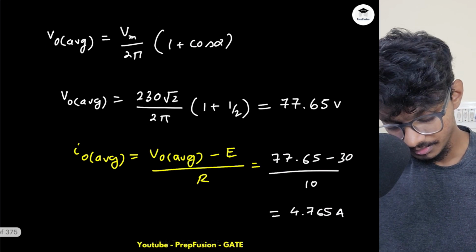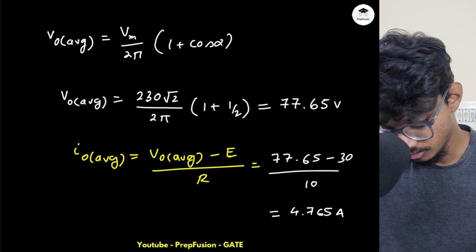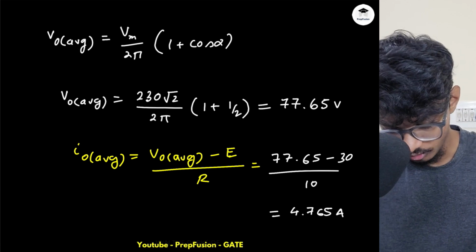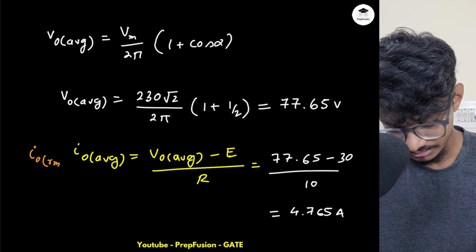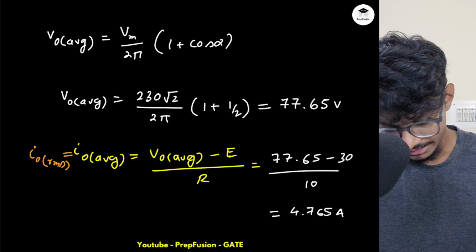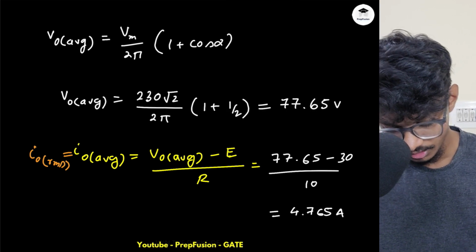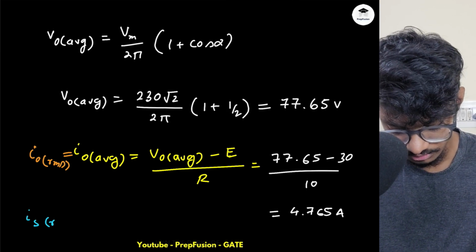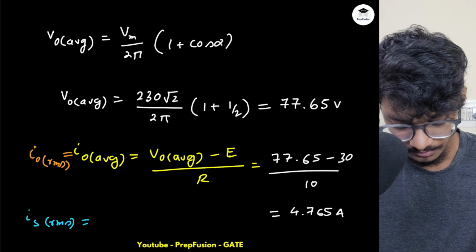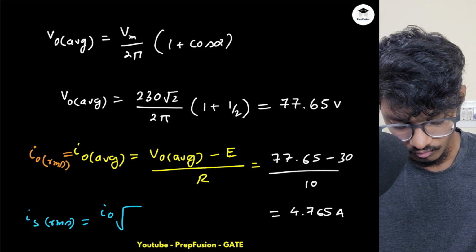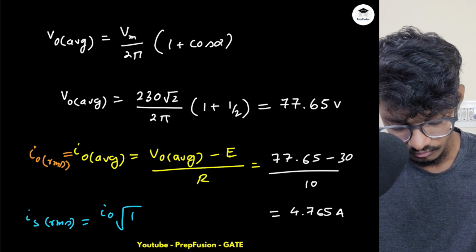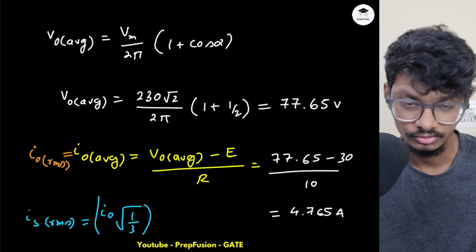So what will be the IO RMS? IO average equals IO RMS. What will be IS RMS? My IS RMS will be simply IO into under root 1 by 3. Why? Because that's how the formula is derived.